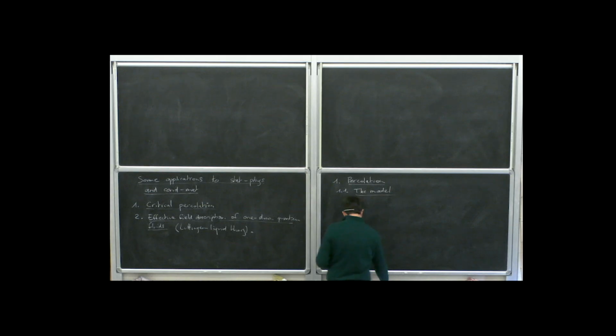One easy way to define it is to look at it on a triangular lattice like this. So this is a triangular lattice like that. The dual lattice is a hexagonal lattice. Let's see if I can draw it properly. Yes, like this.